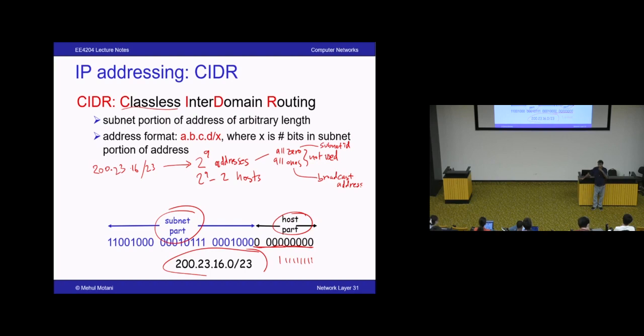So these 2 addresses are not used to assign to any host. All right, good? So we saw how many hosts there are, we saw the subnet part, and we saw what the broadcast address looks like.